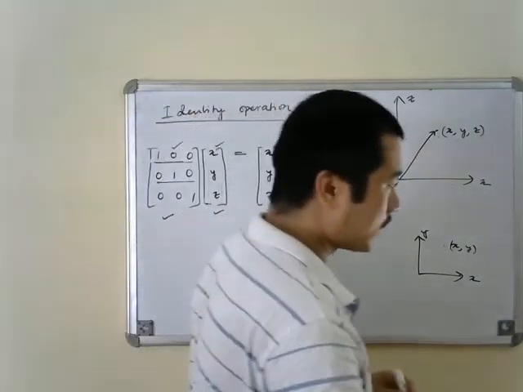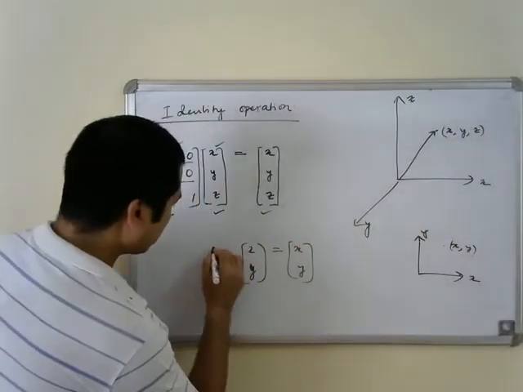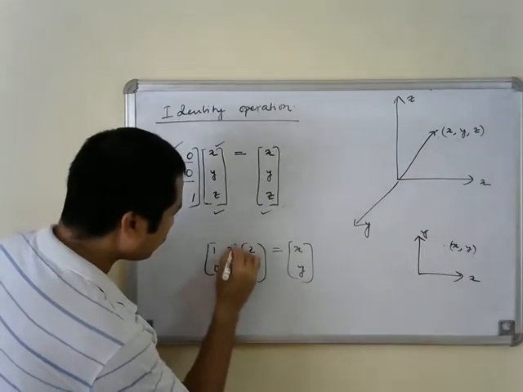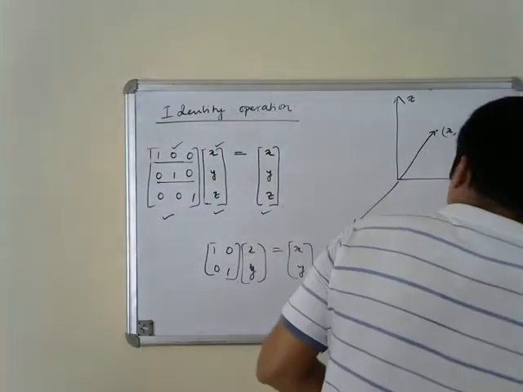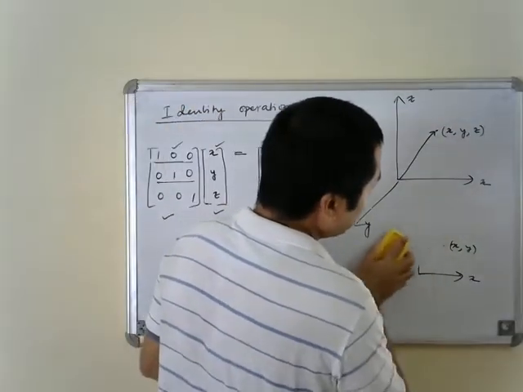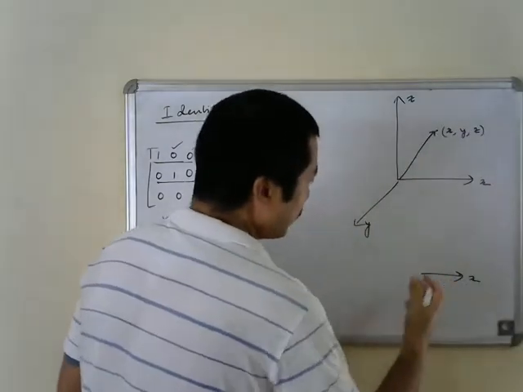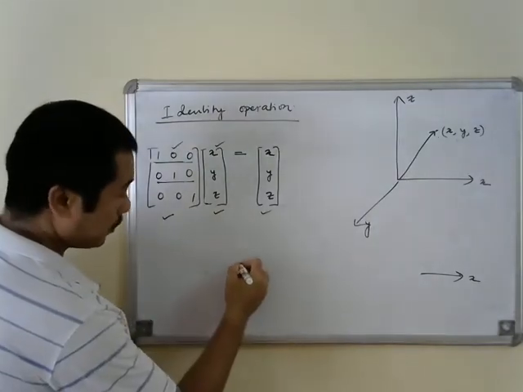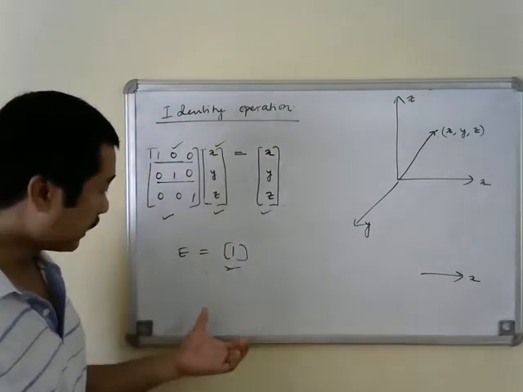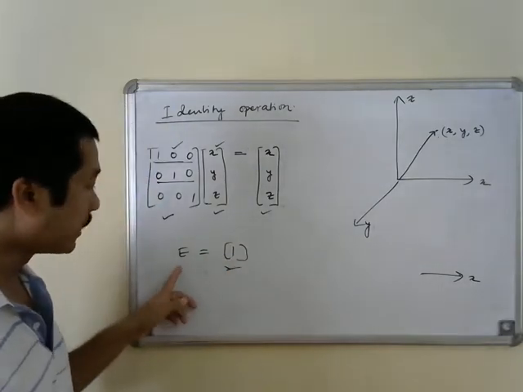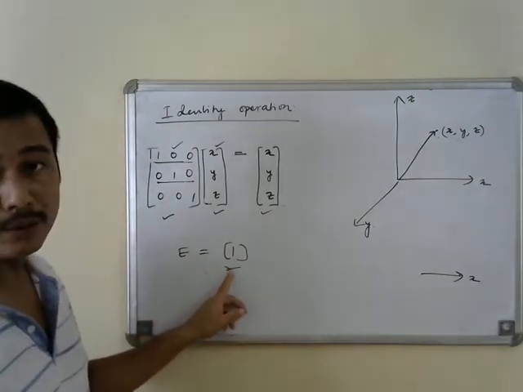So the matrix for the identity operation, we will have to write as a 2-dimensional unit matrix like this, 1 0 0 1. Simply, if you take only one axis as the basis, then you can imagine that the matrix representative of the identity operation is going to be a 1 by 1 matrix whose only element is equal to 1.